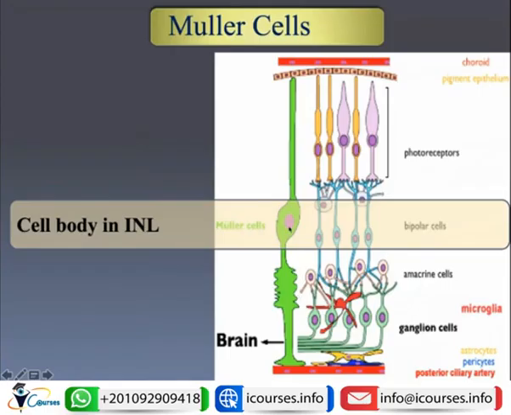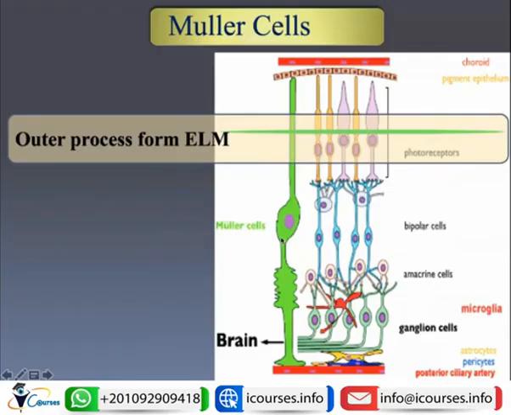Müller cell nuclei are present also in the inner nuclear layer, while they have an outer process and an inner process. The outer process, as we just mentioned, forms the external limiting membrane with the outer fibers of the photoreceptors.